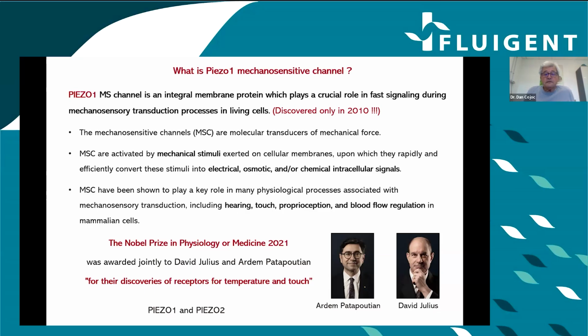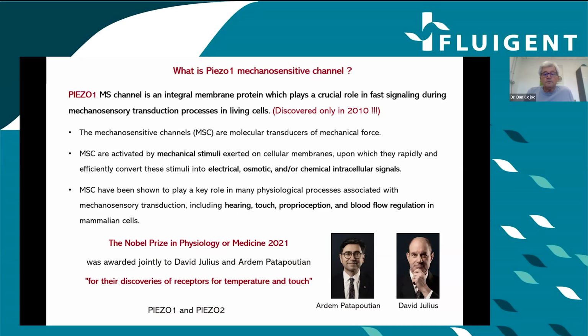So mechanosensitive channels are what they are. They are integral membrane proteins, activated by mechanical stimuli exerted on cellular membranes, upon which they rapidly and efficiently convert these stimuli into electrical, osmotic, and chemical intracellular signals.